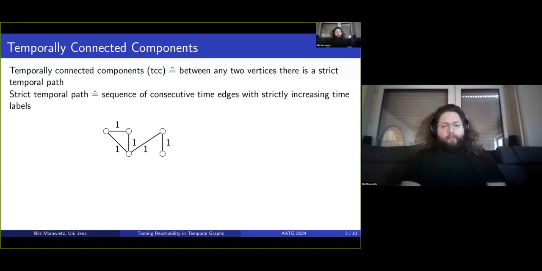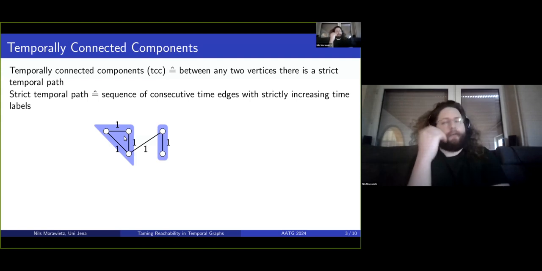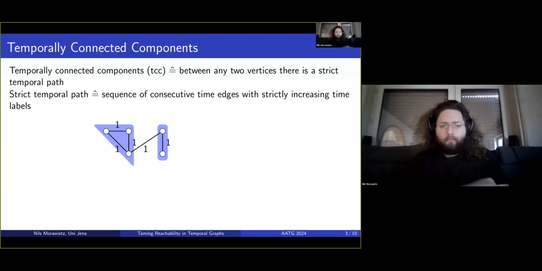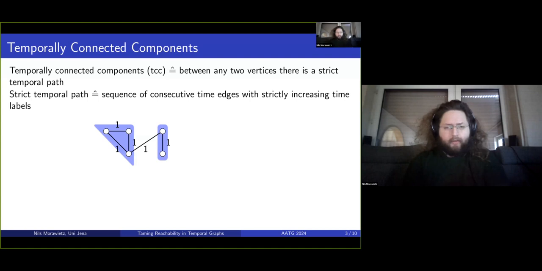Let's say we have here, well, let's be honest, a very degenerate temporal graph. We have a temporal graph with a single snapshot and those edges here. Now finding a temporally connected component here is a bit more difficult. For example, we have the connected components we saw before on the last slide for the static case.